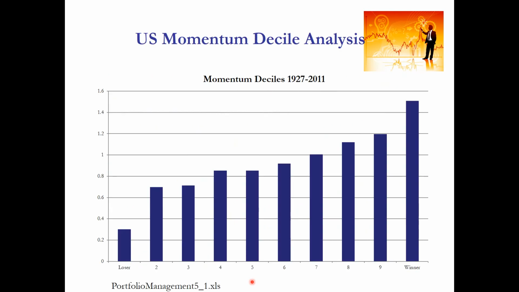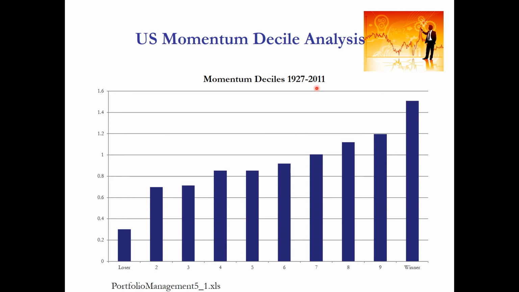So let's see a practical example with respect to returns on a momentum strategy. What I have done here is document the performance of a momentum strategy across the period of 1927 to 2011 in the US equity market.